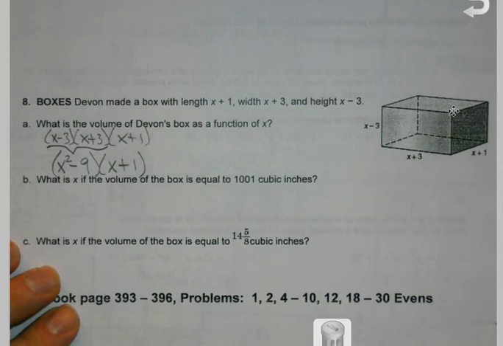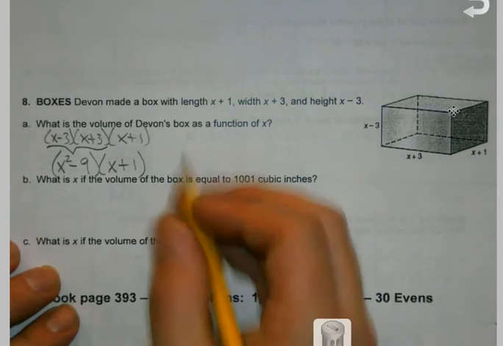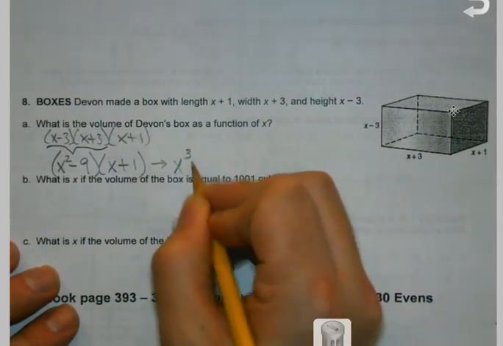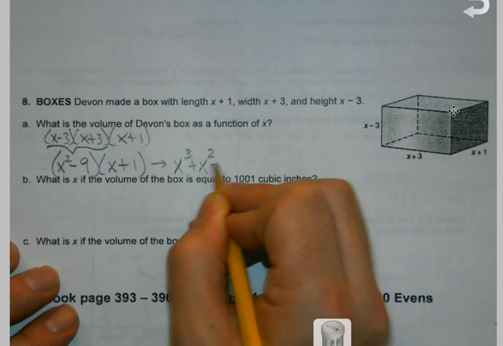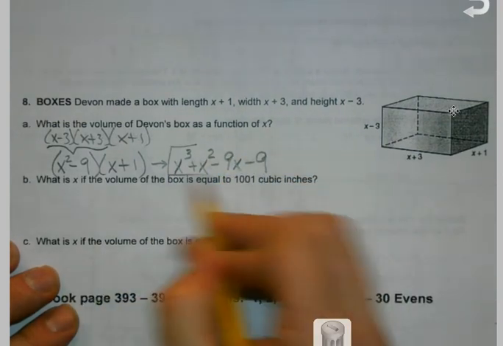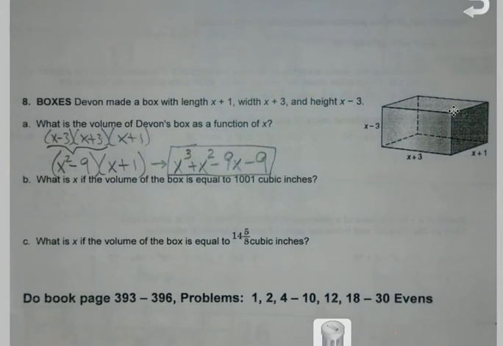If you use a box, that's fine. If you do just straight FOIL here, that's okay. I'm good with any of it. So as a function of x, that would be what the volume of Devon's box is.